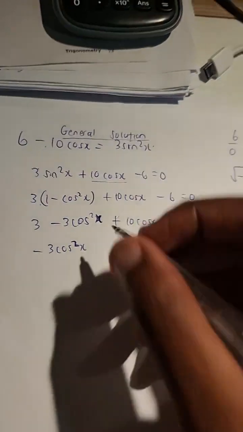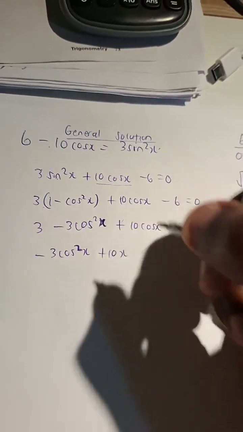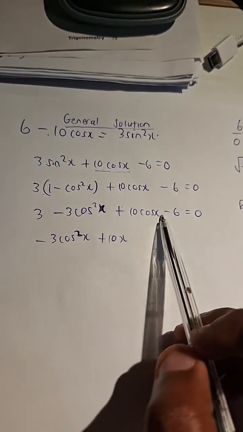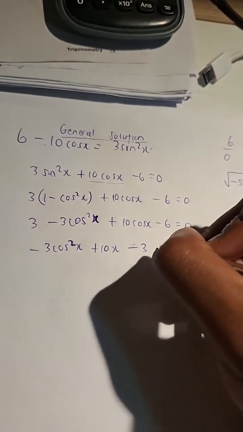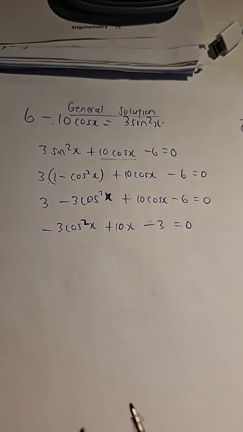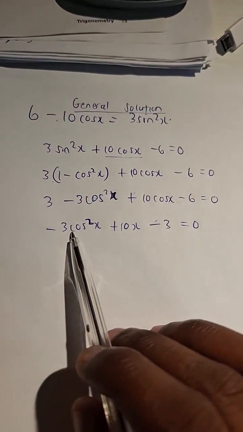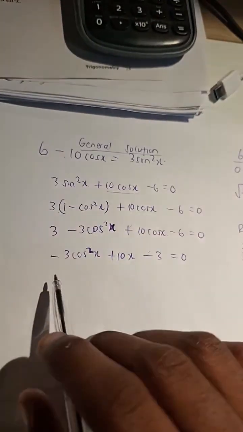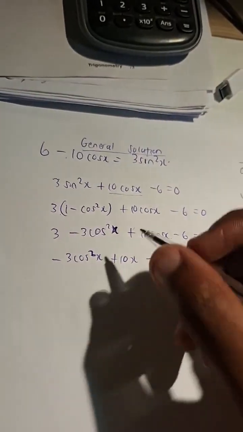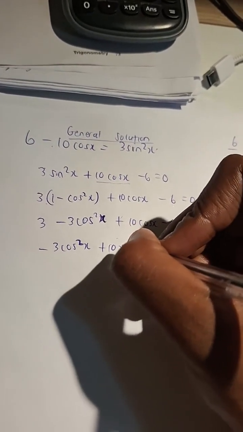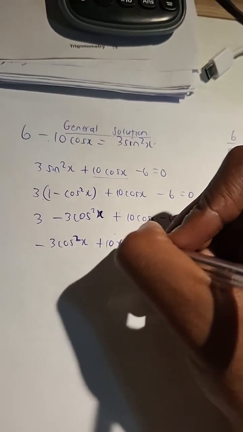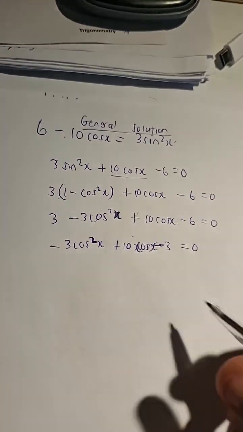-3 cos squared x plus 10 cos x. 3 minus 6 gives me -3. Let's multiply out by a negative. What's this? 10 cos x minus 3.